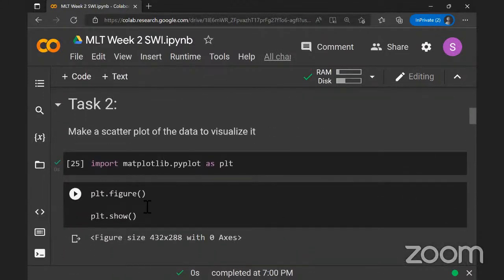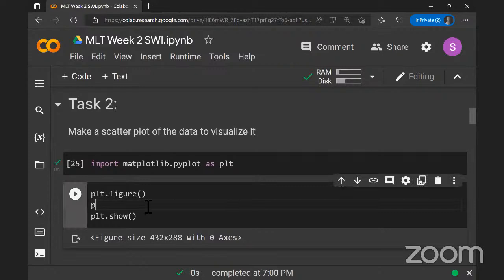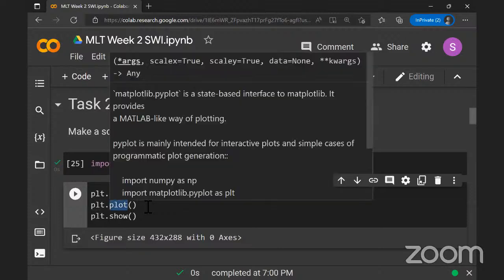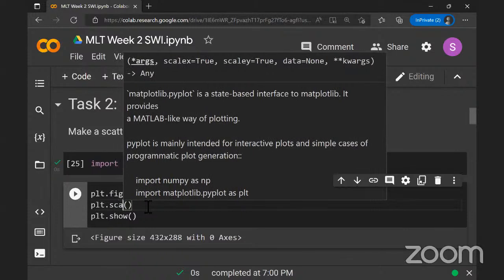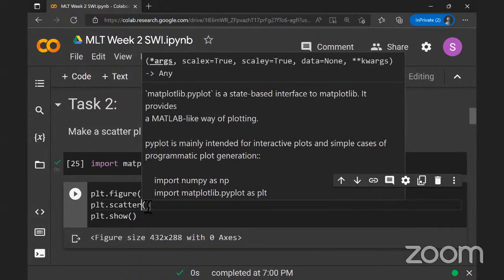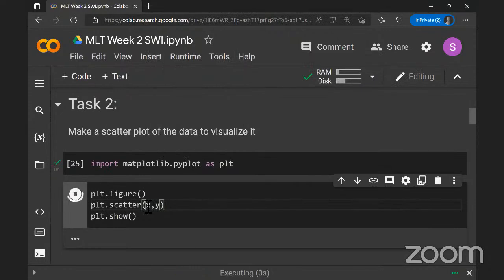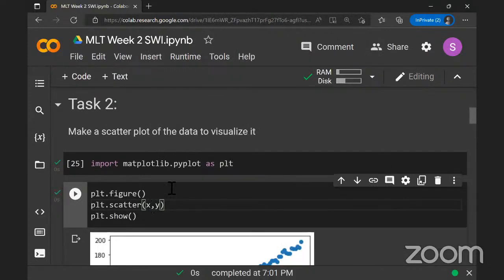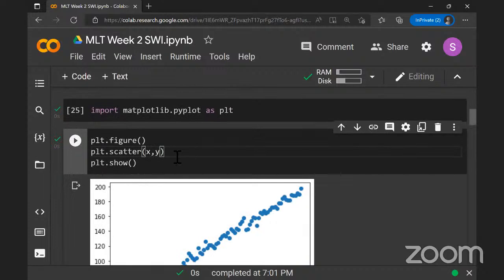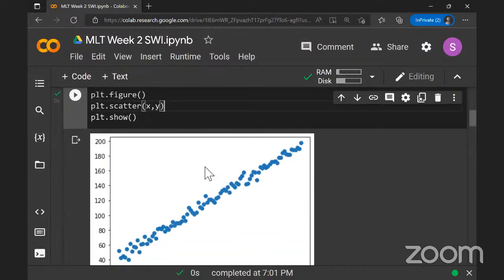So whenever you want to plot something, you give it x and y coordinates. There are different types of plots. Right now the one we are going to use is scatter plot, x comma y, which makes sure the points are plotted as disconnected points.